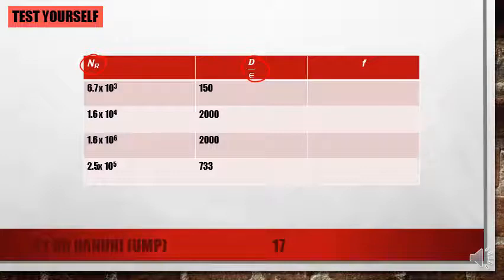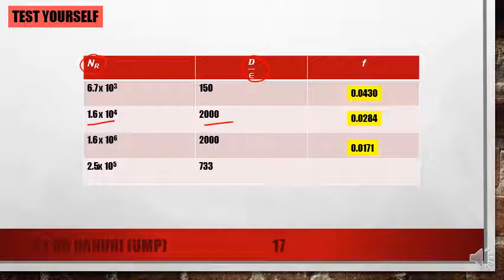For example, the first one: if the Reynolds number is 6.7 times 10 to the power of 3 and the relative roughness D over E is 150, you will get F equals 0.0430. If the Reynolds number is 1.6 times 10 to the power of 4 and D over E is 2000, you will get F equals 0.0284, and so on. I hope you can try it by yourself.